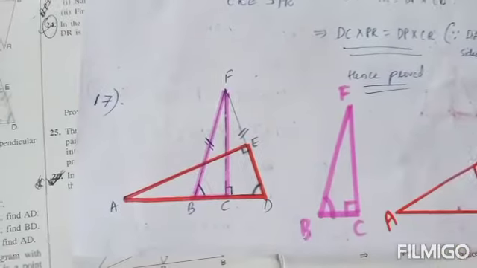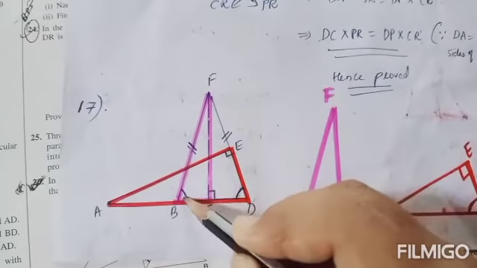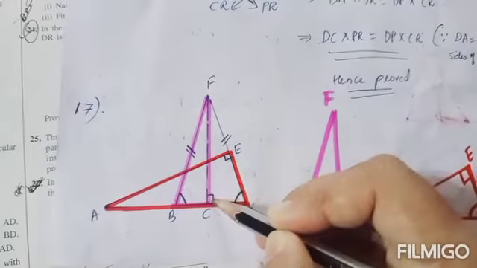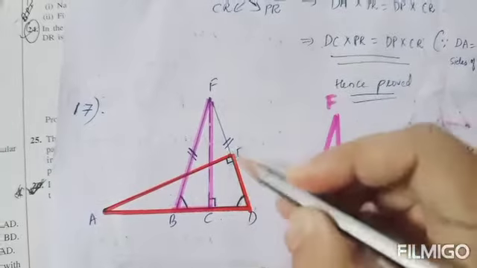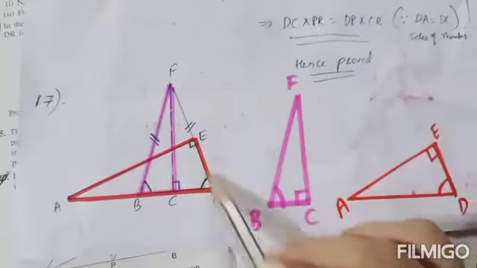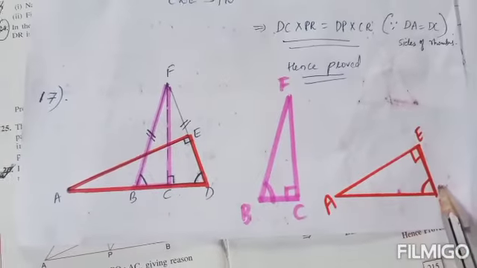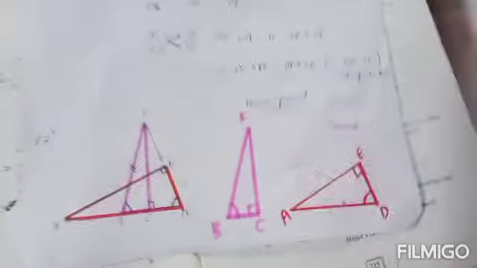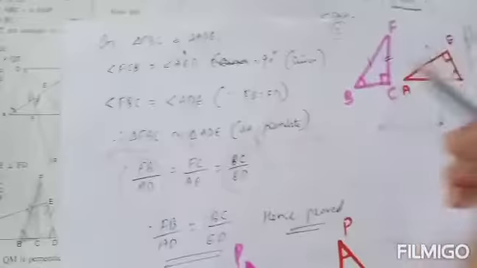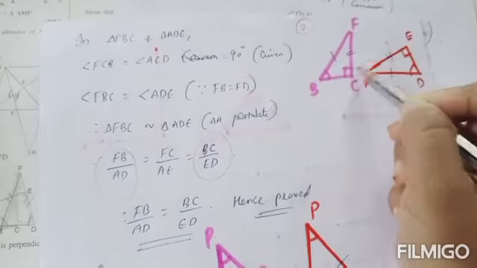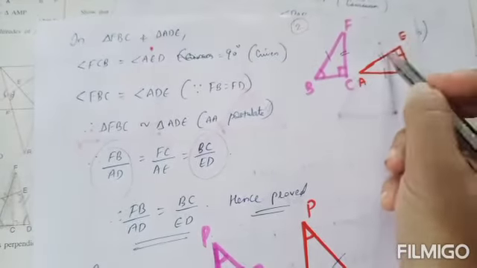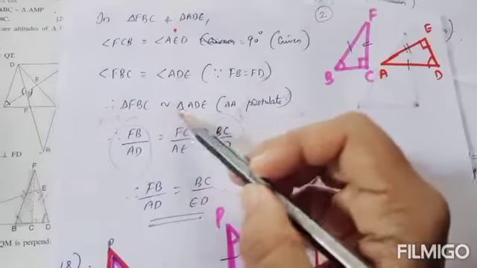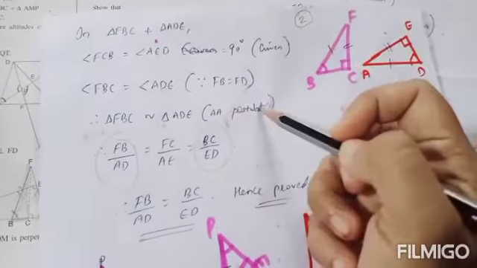Angle FBC is an angle of the first triangle, and angle ADE is an angle of the second triangle. So two angles of the first triangle are equal to two angles of the second triangle. So triangle FBC is similar to triangle ADE by the AA postulate.